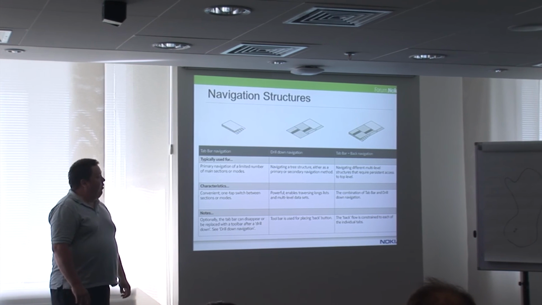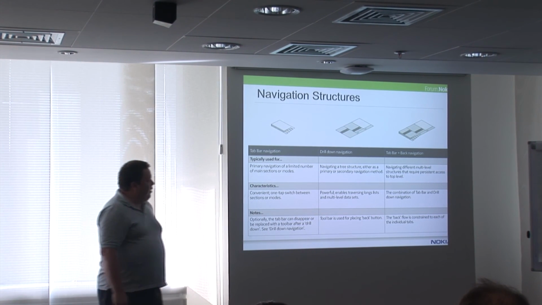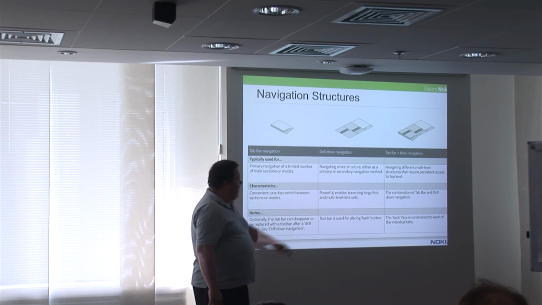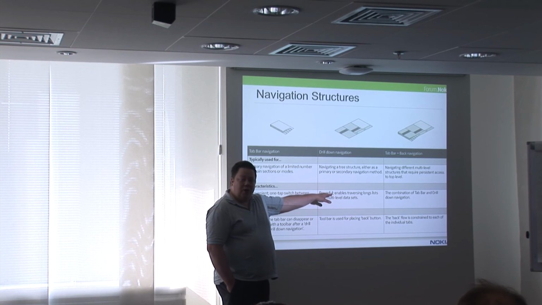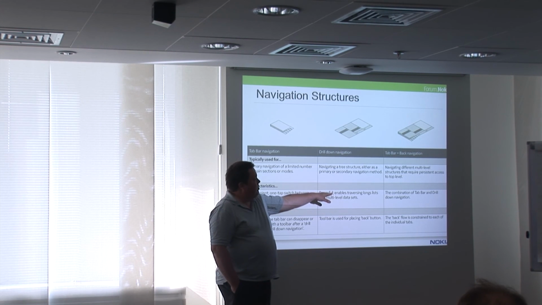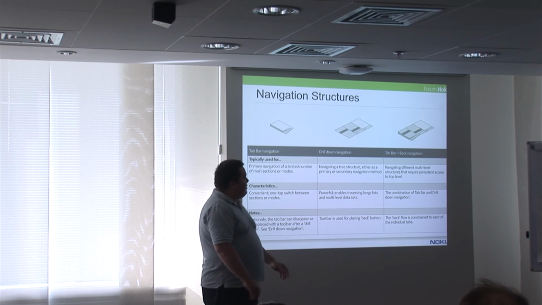We can drill down further, and so on. So the good thing in this navigation is that it's powerful. It's powerful and allows quite complicated and deep structures. Of course, the user experience perhaps is not very good if you have 25 different levels, but it allows you to have a lot of functionality in these different levels.